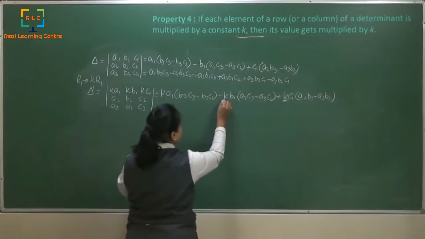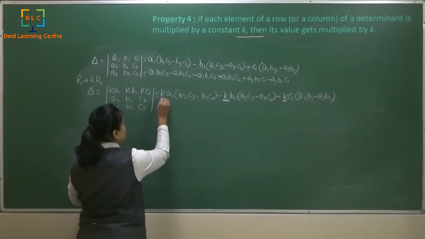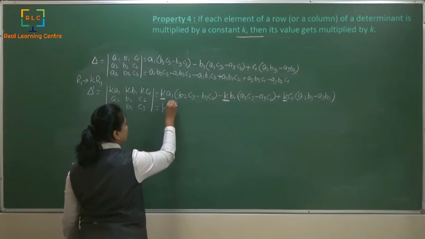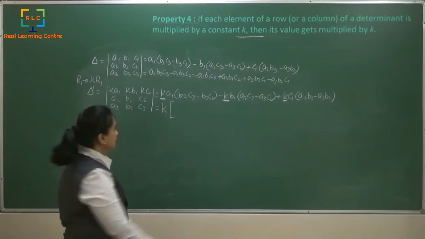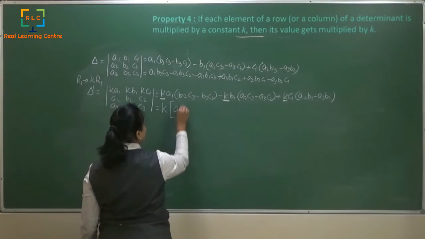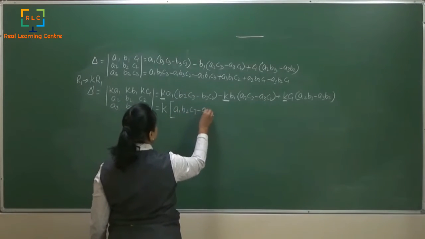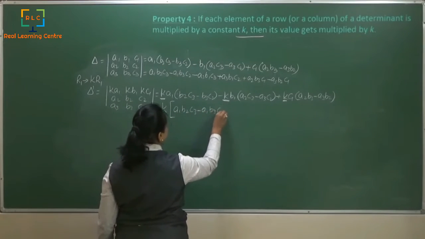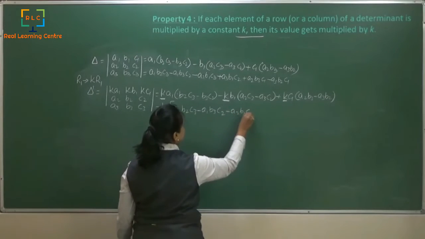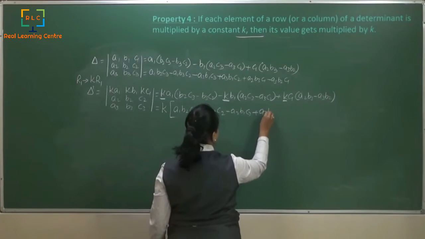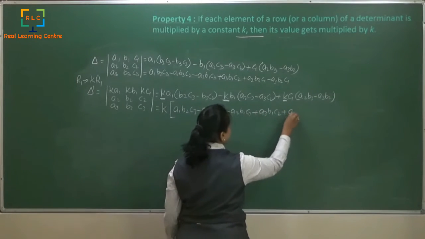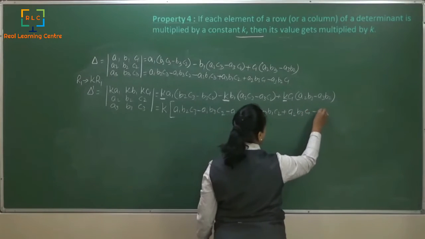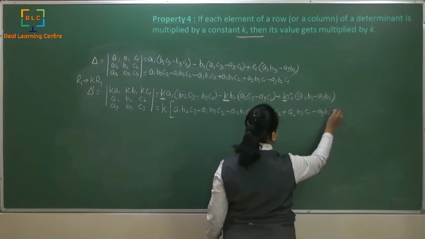So I shall remove k common and then multiply this a1 inside, that will be a1 b2 c3 minus a1 b3 c2 minus a2 b1 c3 plus a3 b1 c2 plus a2 b3 c1 minus A3 B2 C1.